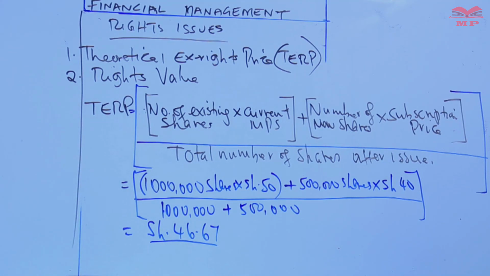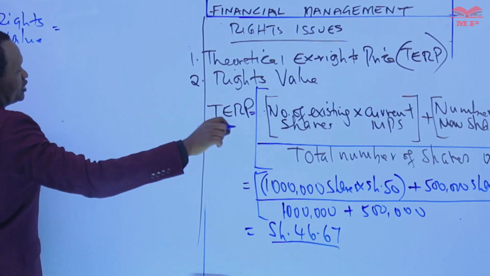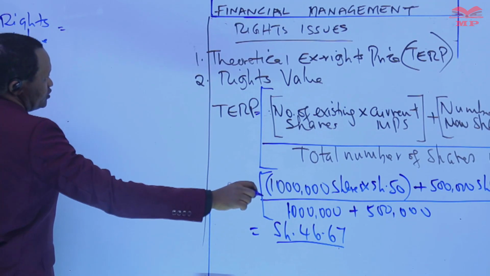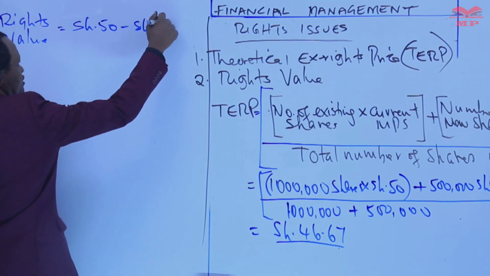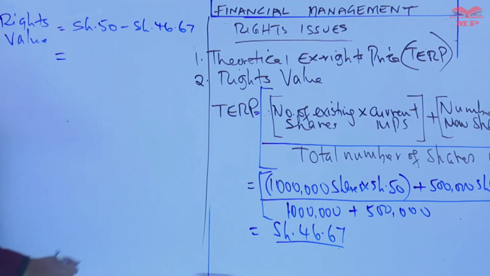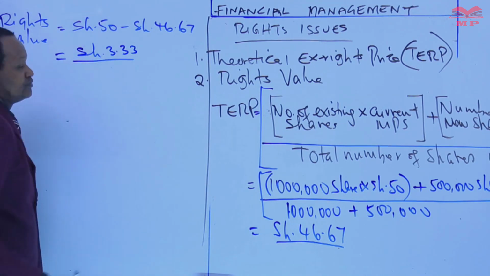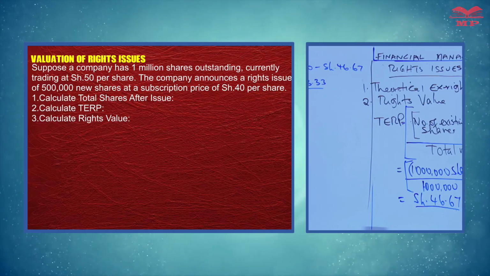So the rights value will be equal to the value of the share before the rights issue minus the value of the share after the rights issue, which is equal to 50 minus 46.67. So that will be the rights value, 3.33.